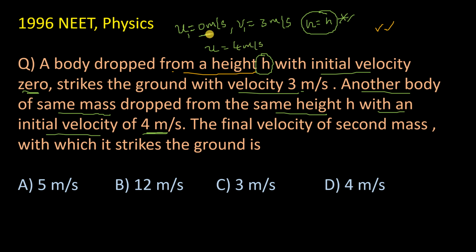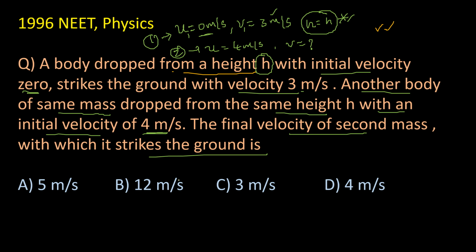So in the first case the initial velocity is 0 and the final velocity is 3 meters per second. In the second case the initial velocity is 4 meters per second, and the final velocity, with which the second mass strikes the ground, we don't know. We need to find it.